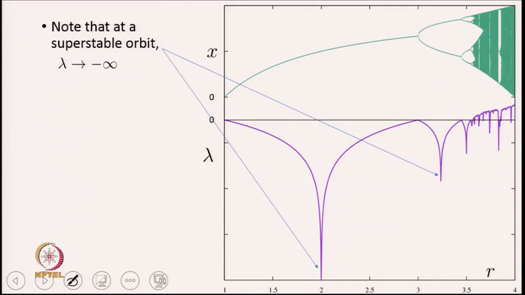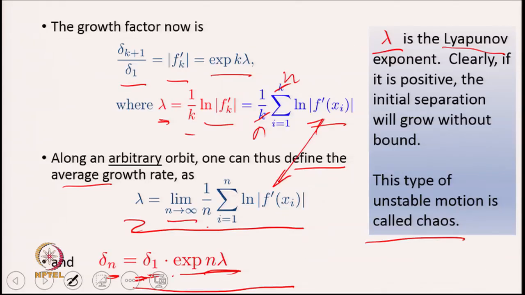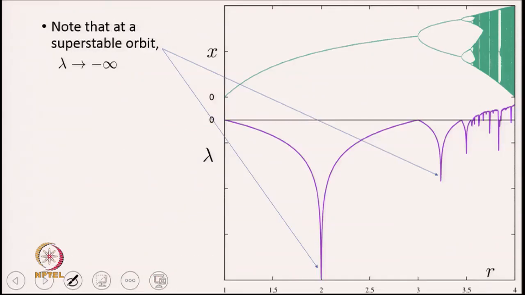Notice that if you have a superstable orbit, the value of the slope becomes 0, the value of the logarithm goes to minus infinity, and that dominates the sum. So, at every superstable orbit, you find that the Lyapunov exponent is actually negative infinity.